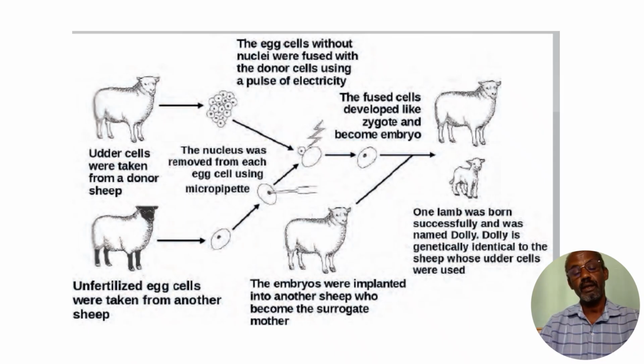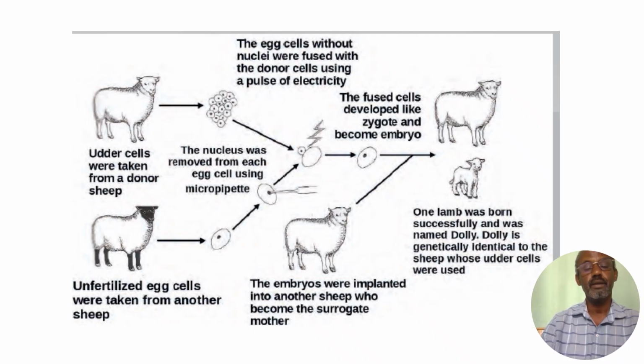Therefore, the genetics of the baby sheep you observe here is exactly the same as the genetics of the other cell donating sheep at the top left. You see? Therefore, this little sheep is the clone of the sheep that has donated other cells.